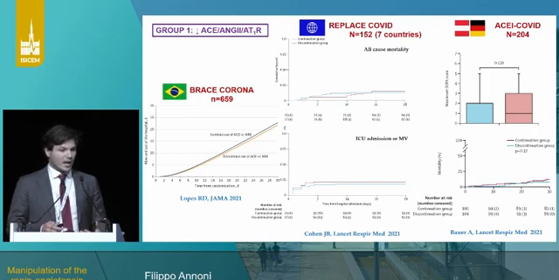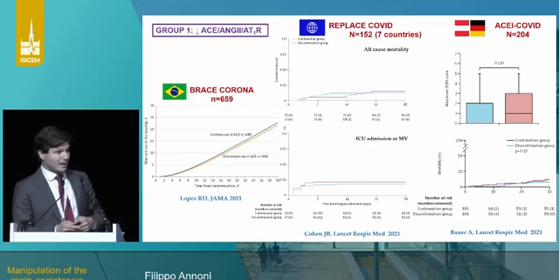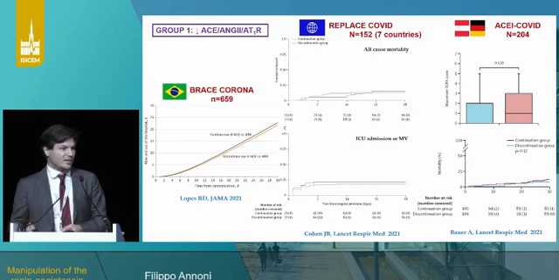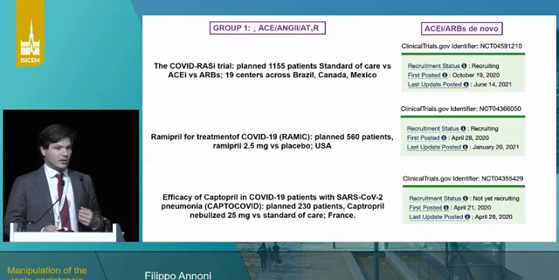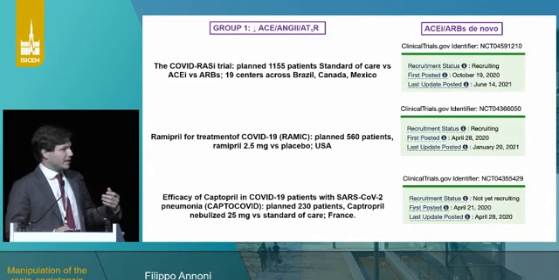The third one, the SARS-RAS or SI COVID, was a neutral study but, interestingly, involved more severe patients and more hypertensive patients, and despite being neutral, if we had applied the same global rank used in the REPLACE trial, it actually suggested discontinuation in more severe patients. But nowadays, the evidence tells us that we should probably not stop this medication unless there are clear indications such as hypotension or vasoplegic shock.